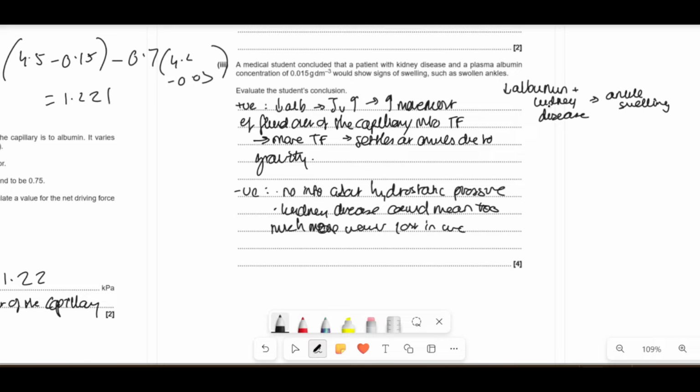Not all of this contributes to this, if that makes sense. You could have less of it in the body and more of it in the urine, so you could have varying amounts depending on different people. As well as that, it's only a single patient, so it's not really appropriate to assume that this could be the sign in every single person. Maybe some people can have different signs.